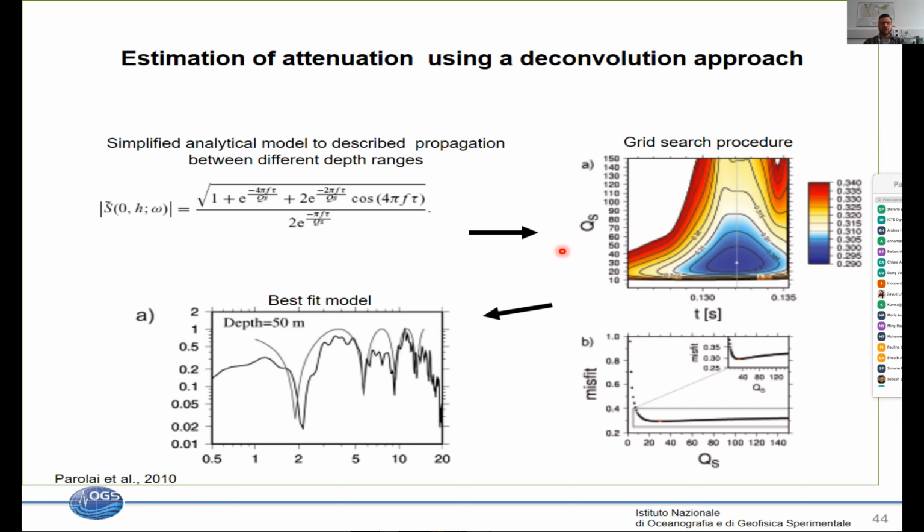You can do this also by calculating a simple analytical function that is fitting. You see this trough in the spectrum, so you don't remove them, but these troughs are related to the propagation of waves, so they are telling us something about the velocity and also the quality factor, so the damping of the material inside.